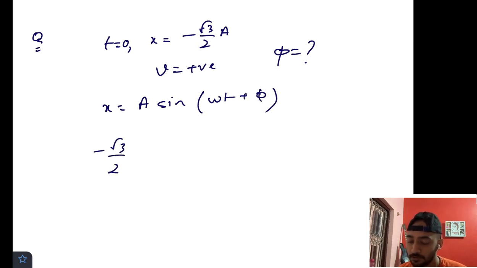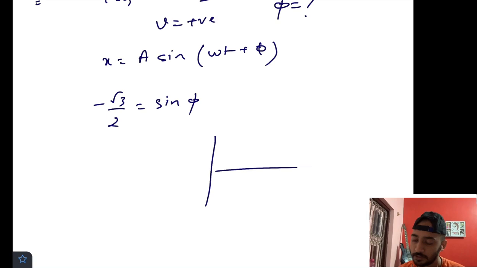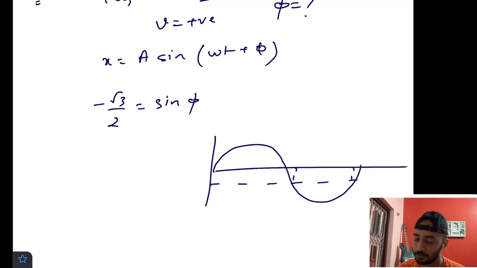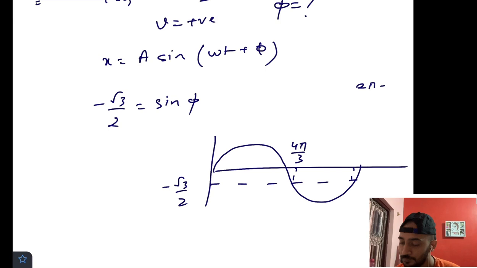At t equals 0, this is root 3 by 2 sine phi. So let us draw the graph here. For minus root 3 by 2, you have pi plus pi by 3, that is 4 pi by 3, and 2 pi minus pi by 3, that is 5 pi by 3.